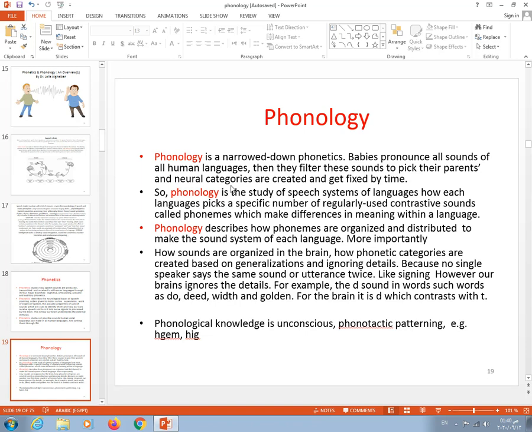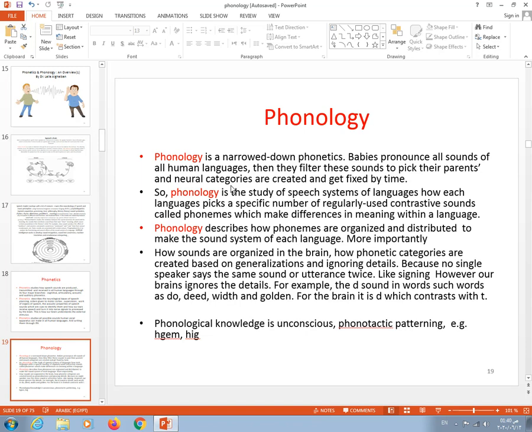How sounds are organized in our brain, how phonetic categories are created based on generalizations and ignoring details, because no single speaker says the same sound or utterance twice.